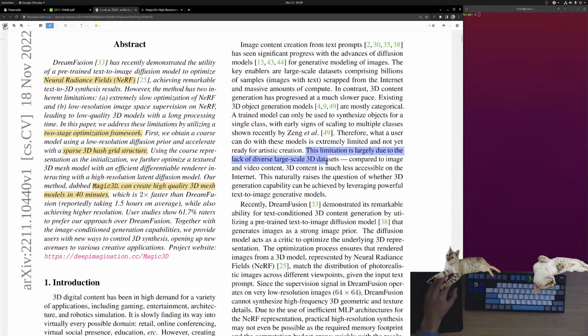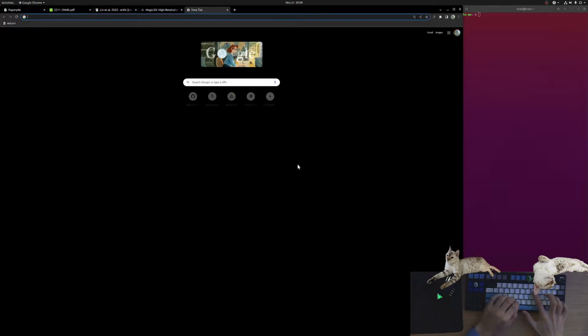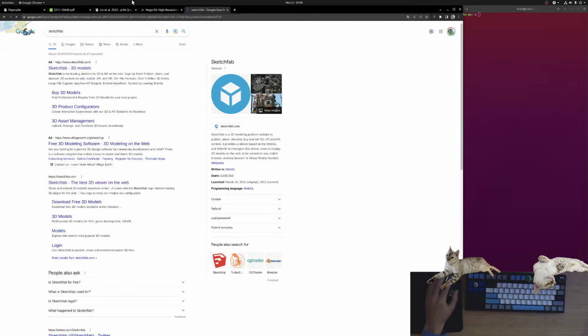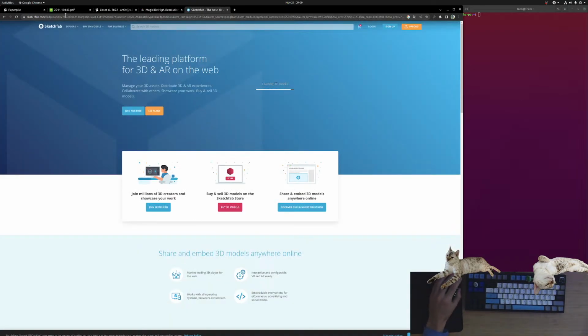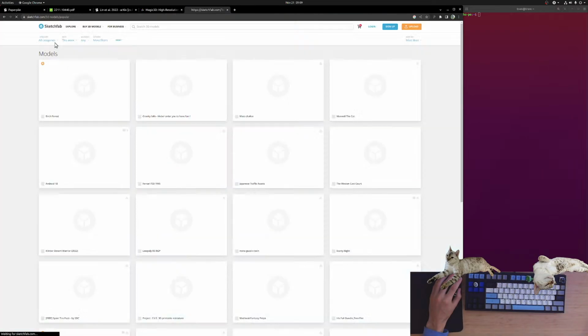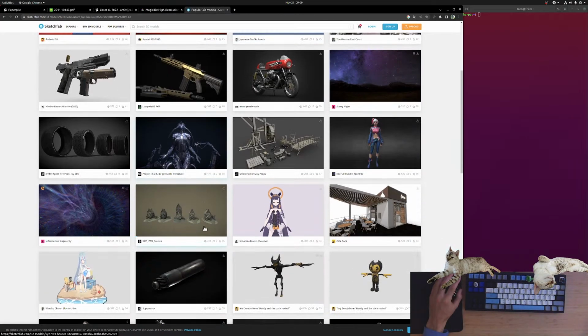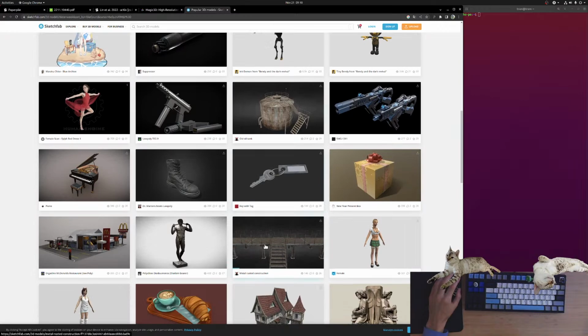Yeah, so one thing they say is that there's not a lot of 3D datasets on the internet. I would actually say that this isn't true. There's a couple different websites such as Sketchfab, for example, that have huge amounts of 3D models, right? You just have to kind of know where you're looking.